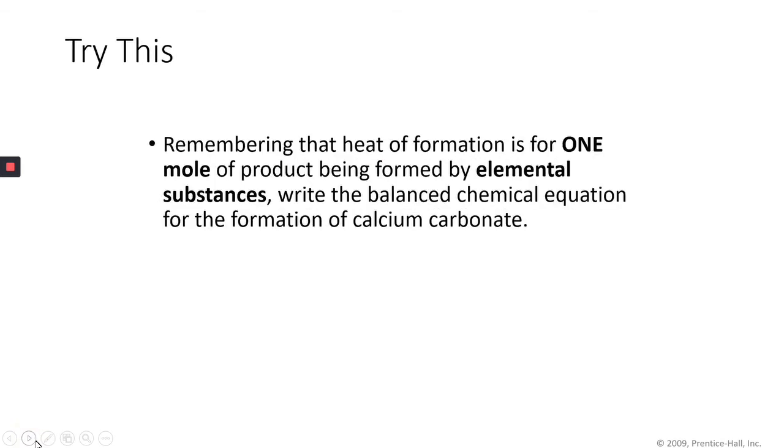So let's try this example. Remember, the heat of formation is for 1 mole of products being formed by mixing the elements of whatever's in that compound. It says write the balanced chemical equation for the formation of calcium carbonate. The first thing, we are forming calcium carbonate, which is a solid. What are the elements in it?